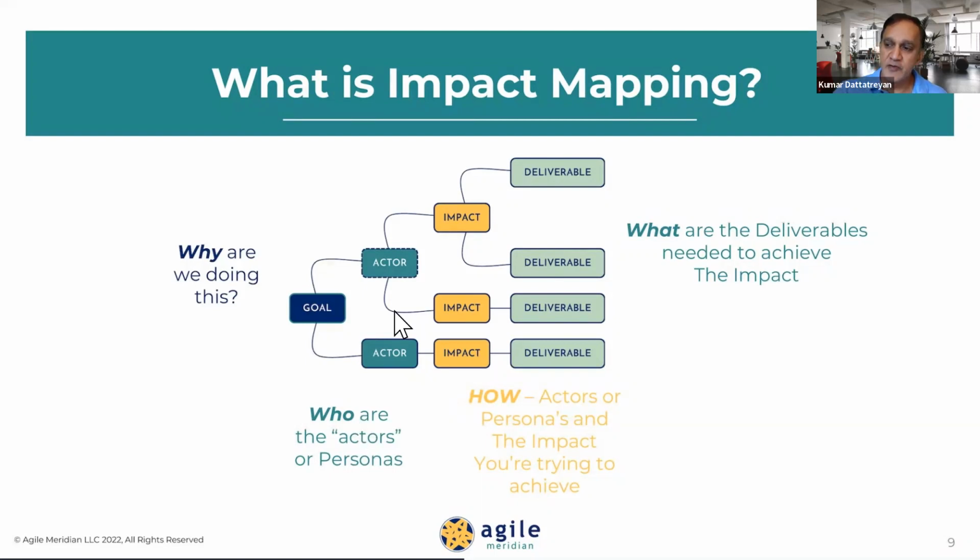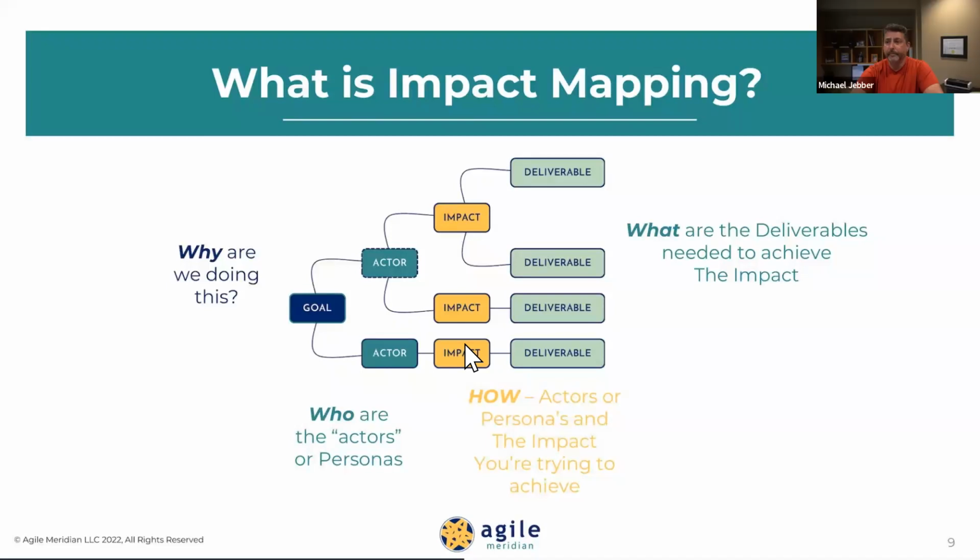For each of those actors, you may want to impact them in some way, shape, or form. How are we going to impact their behavior so that they buy something, so that they do something? And then finally, what are the product services that we can put in front of them that would impact their behavior in such a way that they help us with our goal?